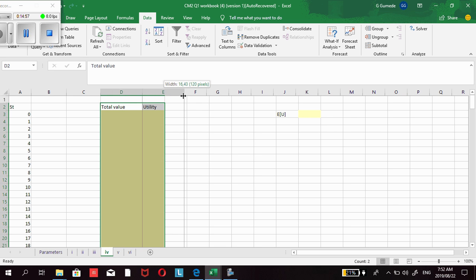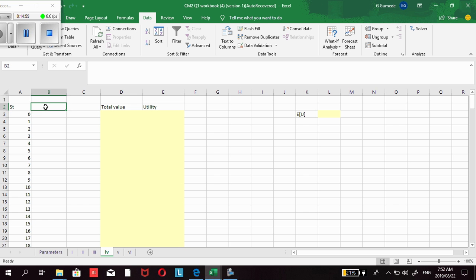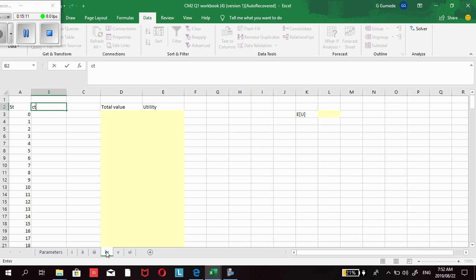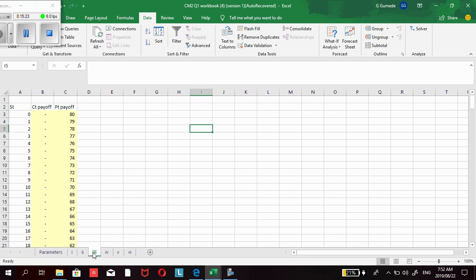So I'm just moving this here, and here I'm going to paste. Okay, what did they start with here? The call option payoff. So I'm going to have CT payoff, and I'm going to have PT payoff here. Then I'll put my values. I'll copy these values here.